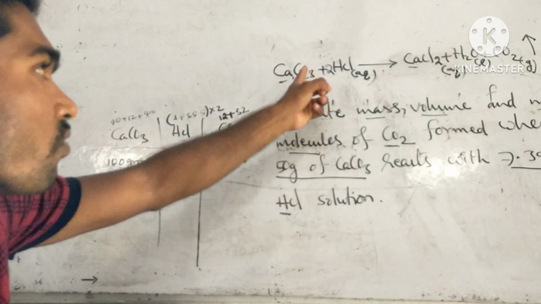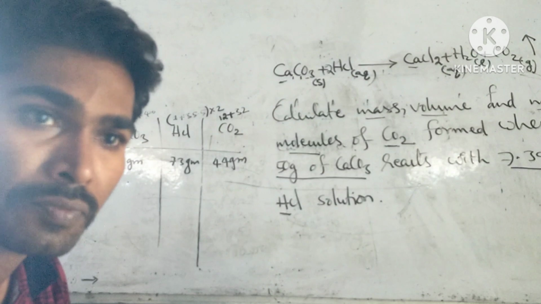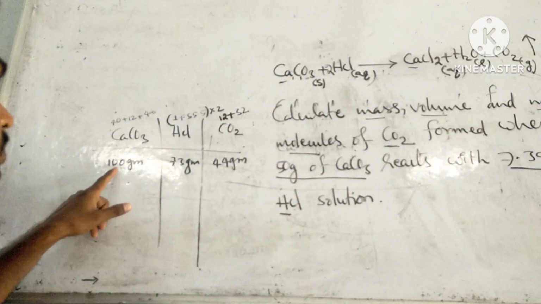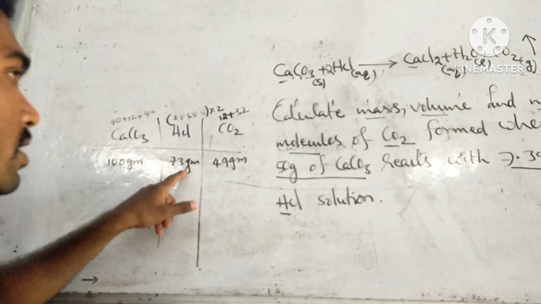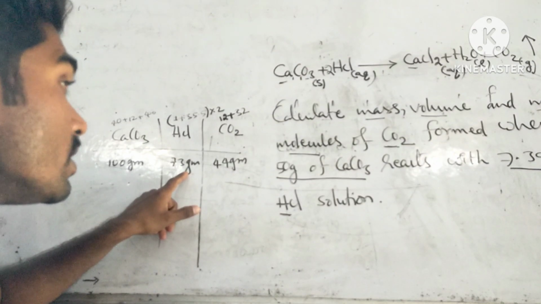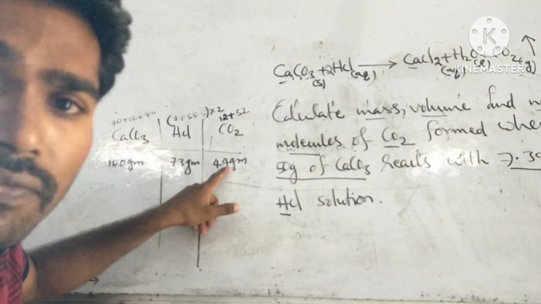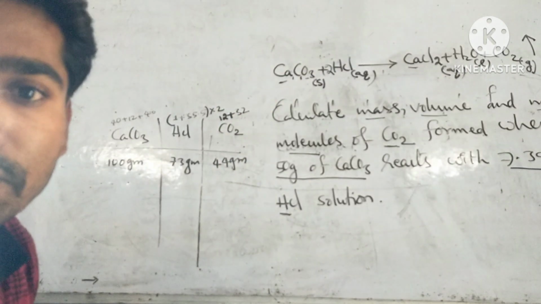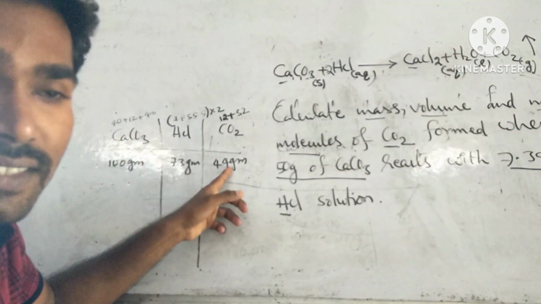So from this balanced chemical equation, we are getting that if we take this much calcium carbonate and this much hydrochloric acid, we can get 44 grams of carbon dioxide. Okay, so this is the mass.